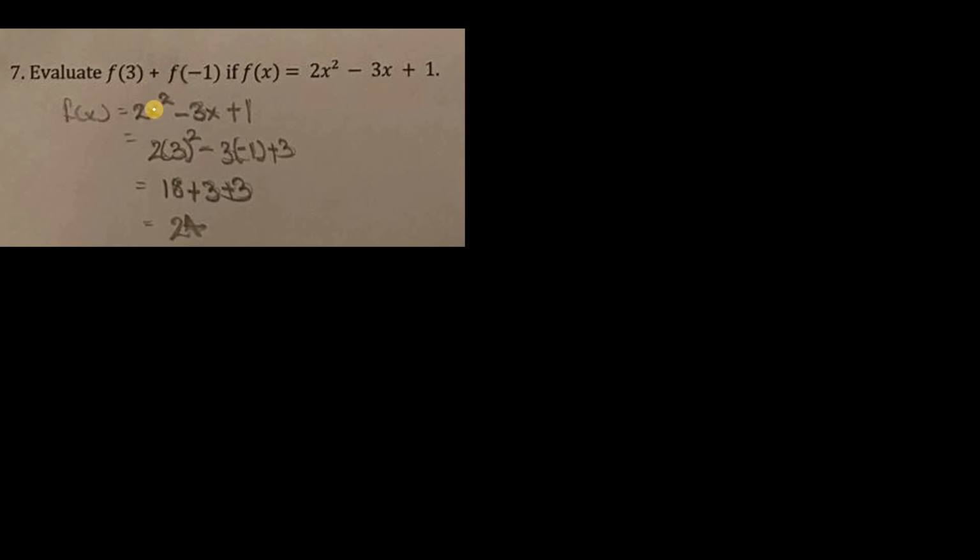Alright, let's look at this one. We're to evaluate f of 3 being added to f of negative 1, and the function we're given is this. And so these are inputs. So let's see what we do here. We have the particular function, thinking of that function machine, right? And we're entering some values into the function machine.